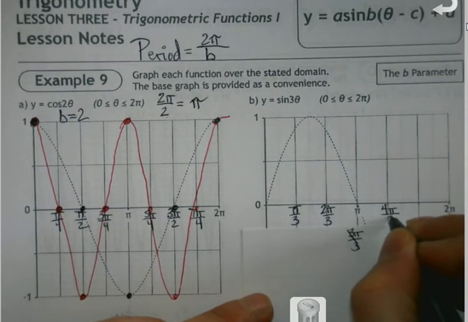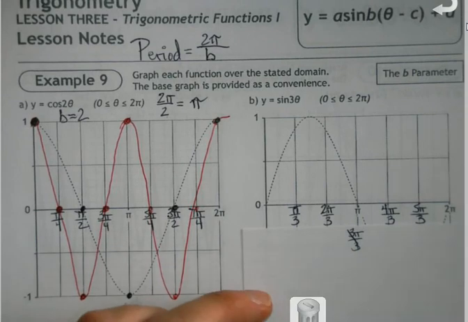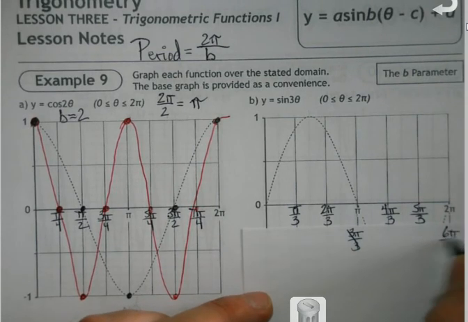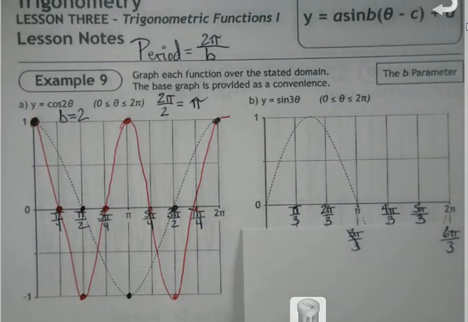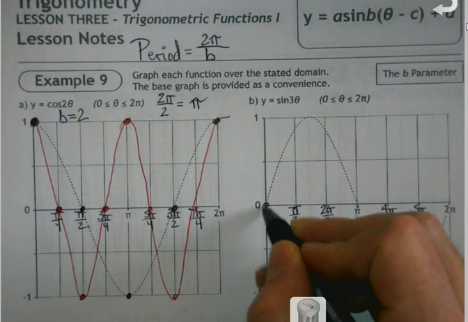4 pi over 3. 5 pi over 3, and then 6 pi over 3. 6 over 3 is 2 pi. So I have to be able to adjust to that. And you're like, well, then what's this original graph they're giving us here? Because this looks kind of strange. Well, what they've done is you've still got 0, 0.